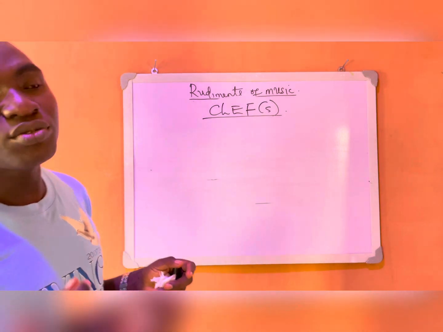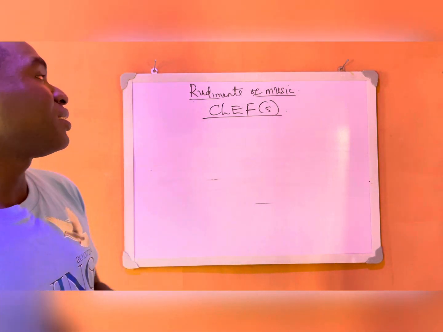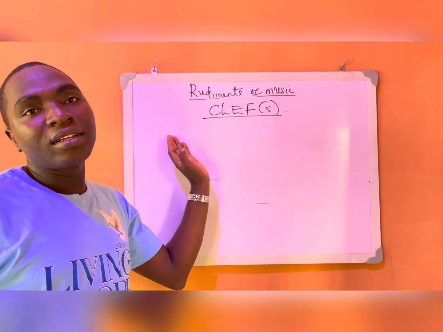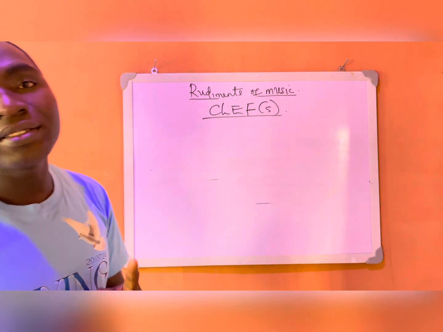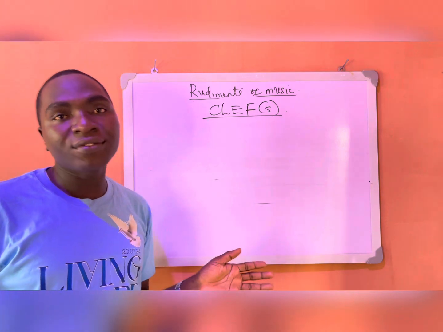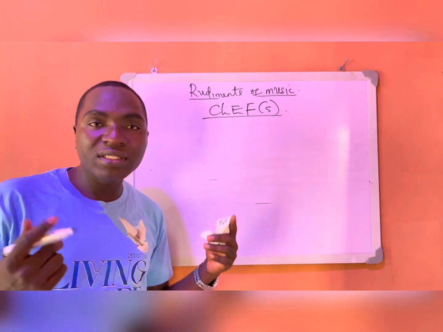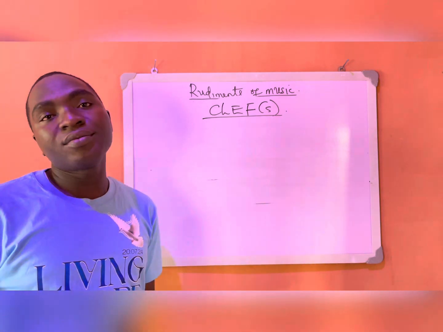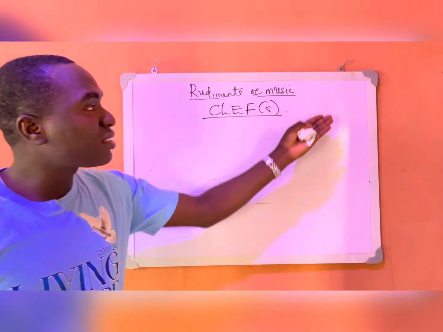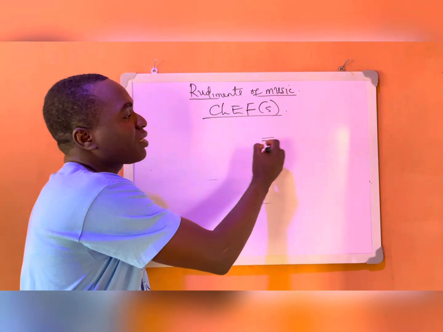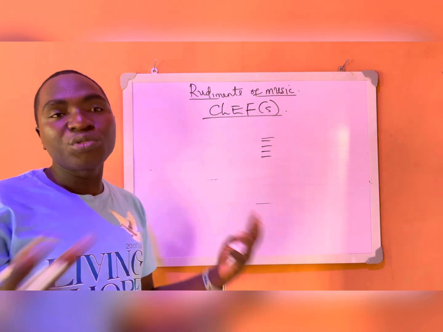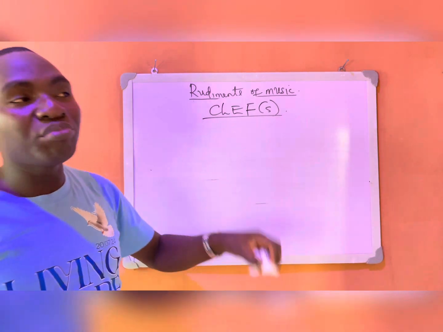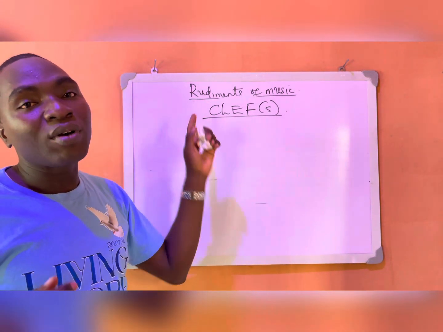A clef is a musical symbol written at the very beginning of a staff or stave, helping us to identify the pitch of notes on the staff. In a layman's term, the clef is what gives meaning to our staff. You remember our staff is made up of just 5 lines and 4 spaces. It has no meaning. It has no name. But our clef is what gives meaning to our stave.